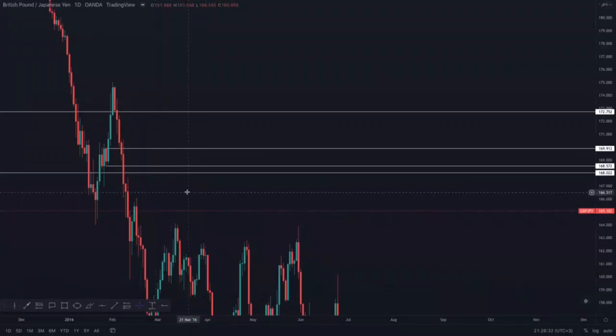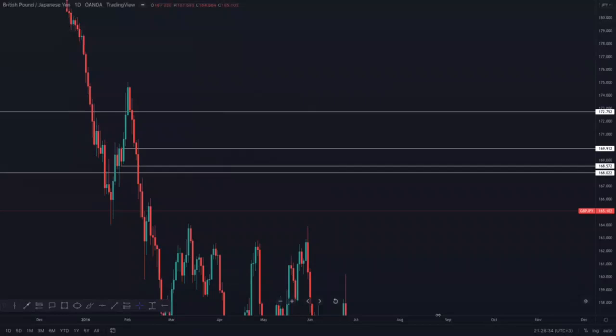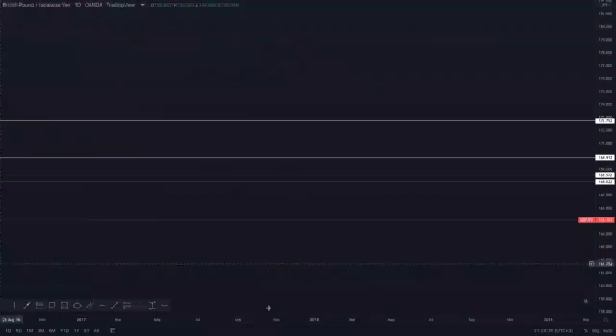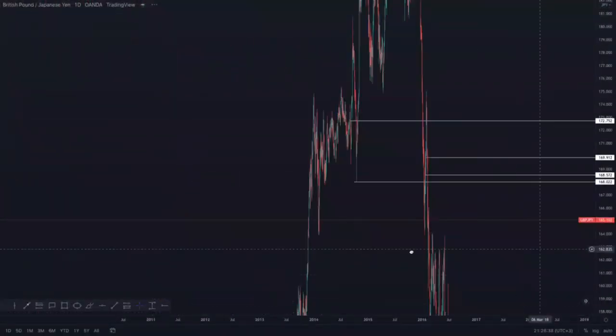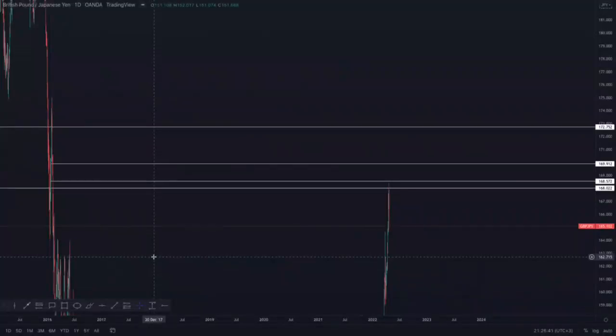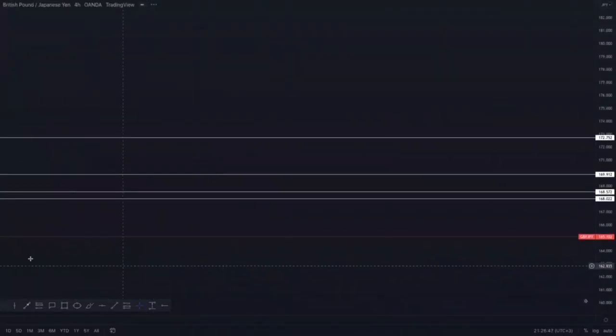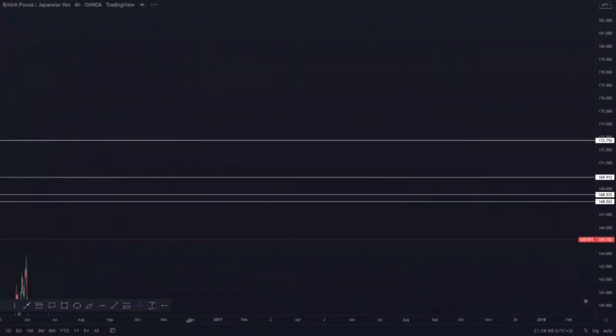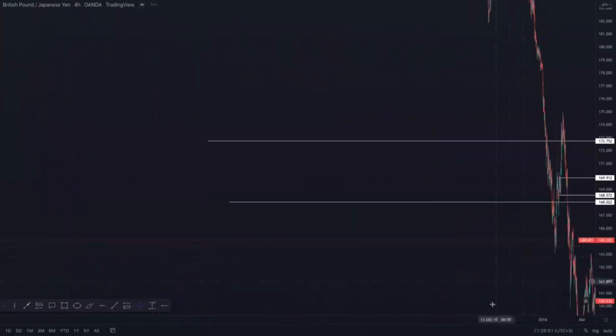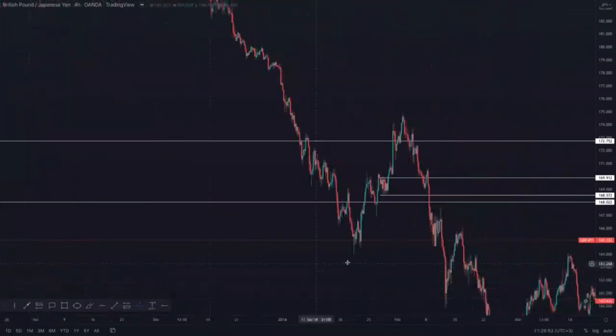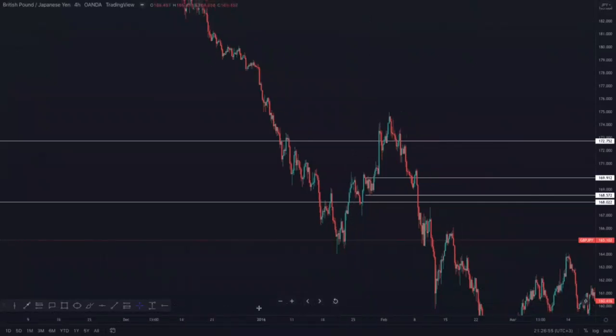So we are going to drop again to lower time frames. Going to drop to the 4-hour time frame. Remember, we said we should have at least 2 to 3 anticipations.